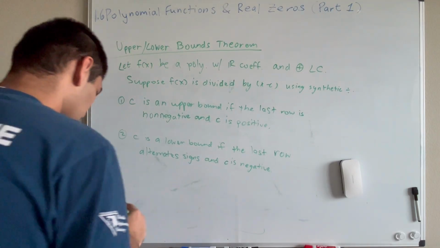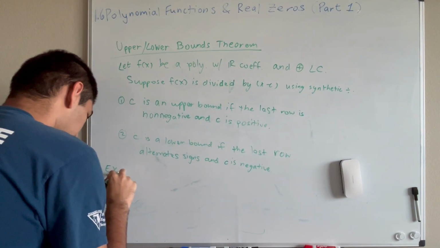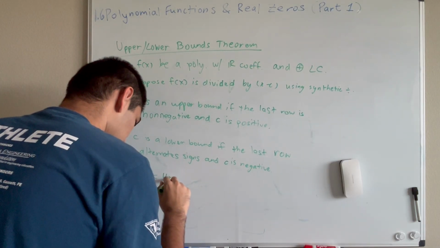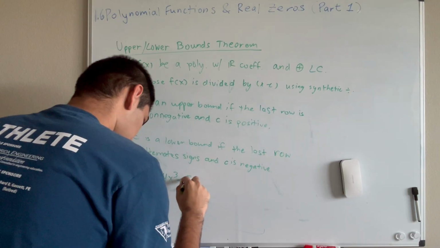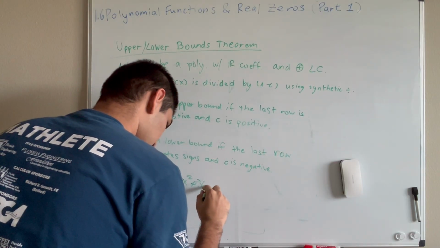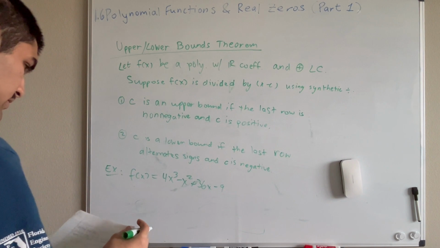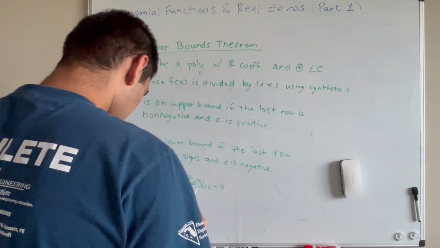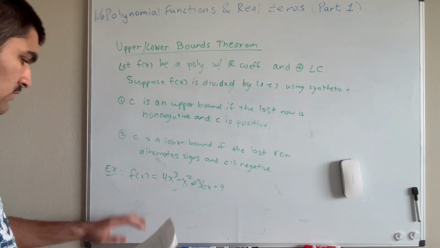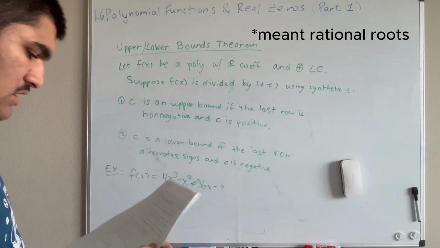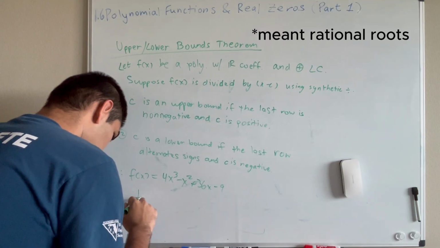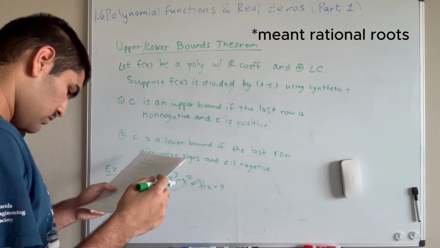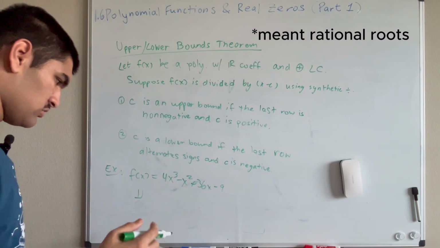Let me explain. So let's suppose we have some polynomial f of x, right? And it's equal to 4x cubed minus x squared plus 36x minus 9. Okay, so what this is saying is that if you did the cardinal rule of signs and you found all the possible rational coefficients and you found that 1 was an option, right? 1 was a possible rational coefficient, right?